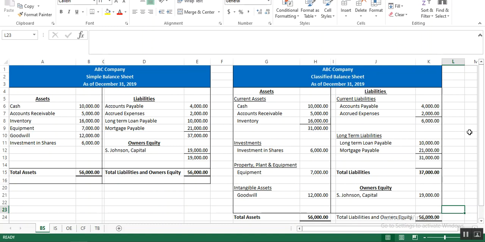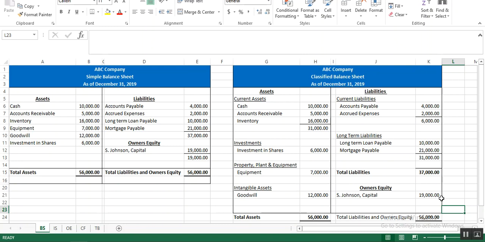So I hope this video helps you see that a classified balance sheet is pretty much just a more detailed simple balance sheet. It comes back to the same totals for our assets, 56,000, liabilities 37,000, and owner's equity 19,000. Everything comes back exactly.